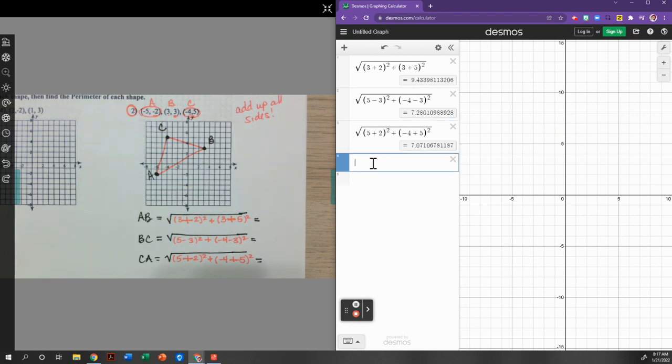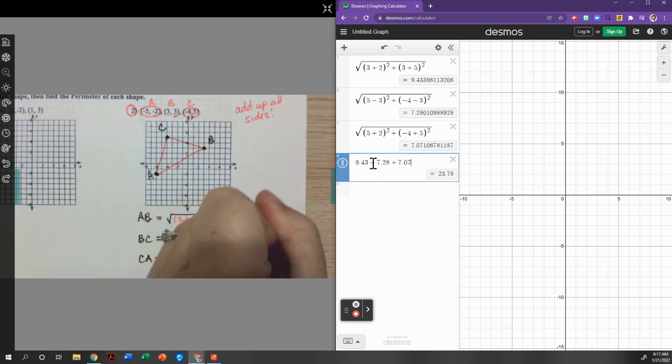I'm going to round to 2 decimal places. So 9.43 plus, because I'm adding up all the sides, 7.28 plus 7.07. Let me fill these in on my worksheet.